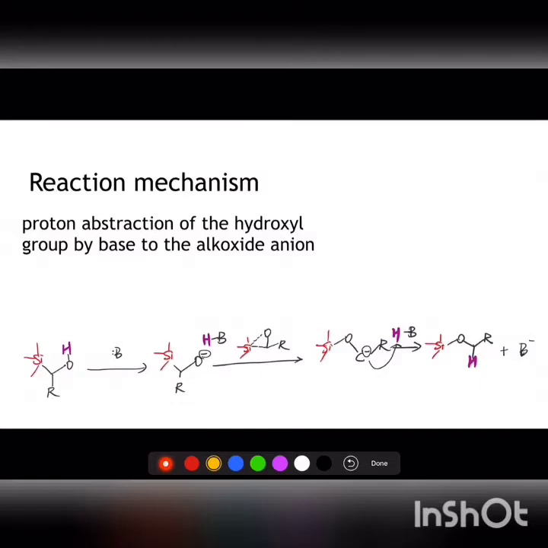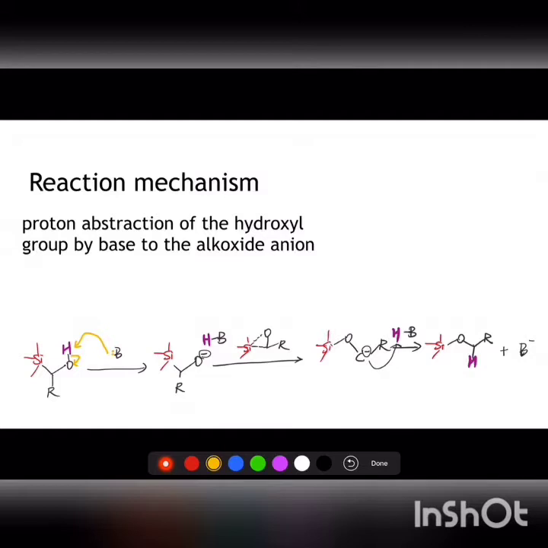After learning this, you will know how this reaction happens. Under the basic environment, there is a lone pair on the base, right? This lone pair will attack this hydrogen, and then this bond will give our oxygen the positive charge, right?